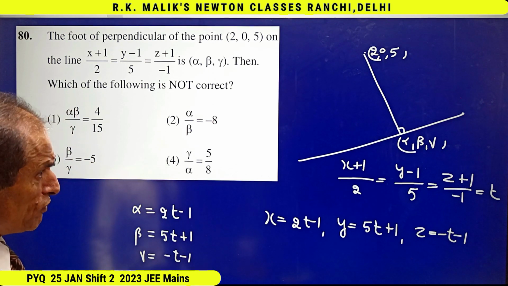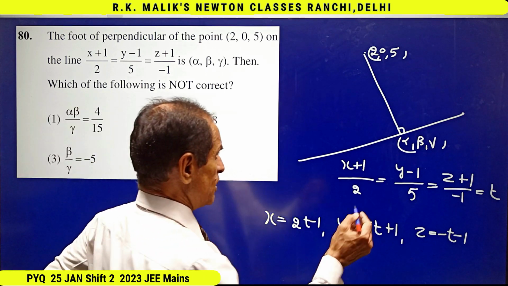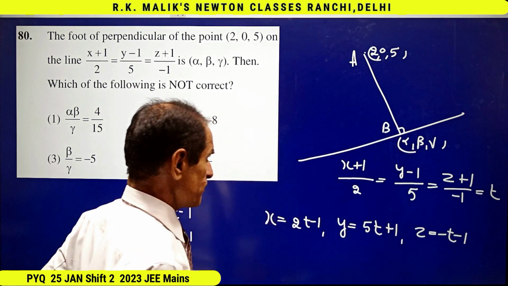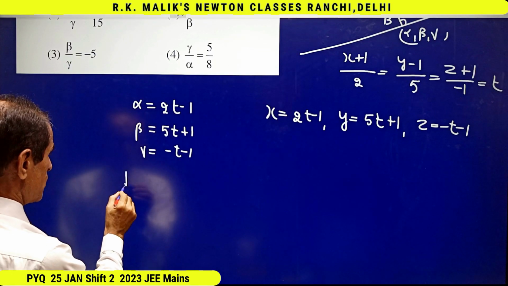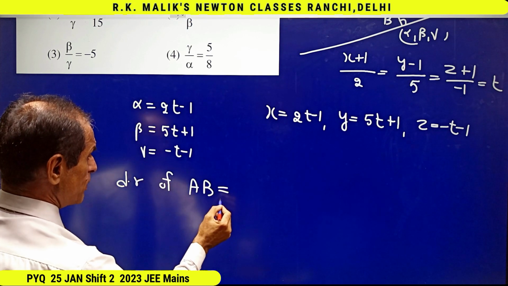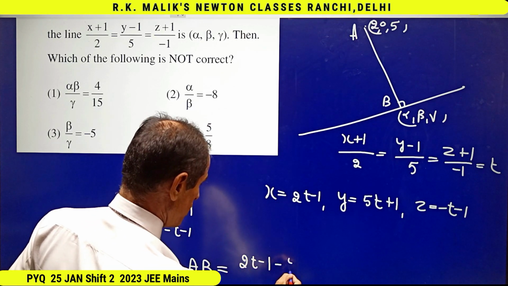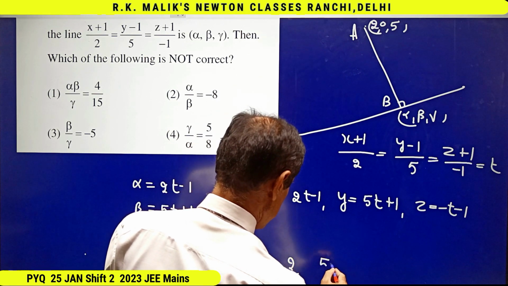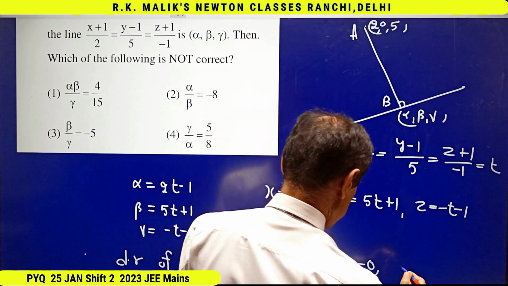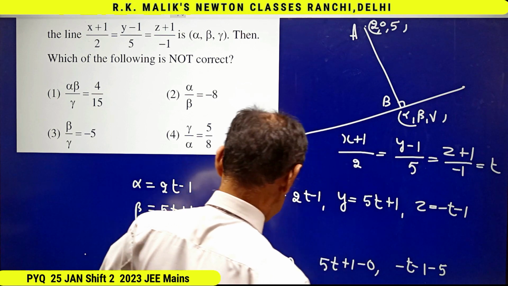To find the value of t, I will proceed in this way. Let this point be A and this point be B. Clearly, the direction ratios of AB will be 2t minus 1 minus 2, 5t plus 1 minus 0, minus t minus 1 minus 5.